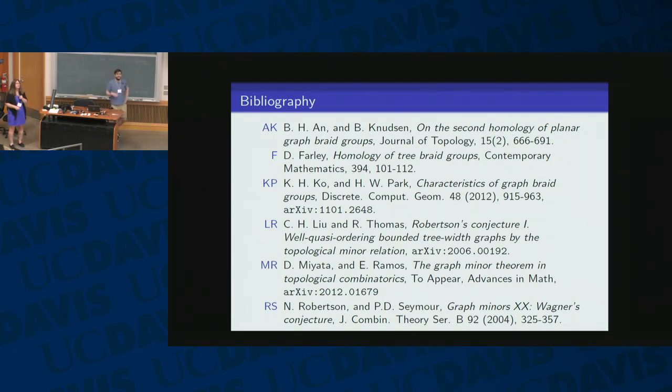Questions? Yes. So are there any instances that you know of where you have a classical version of this that ends up being true, but the categorical version is false?